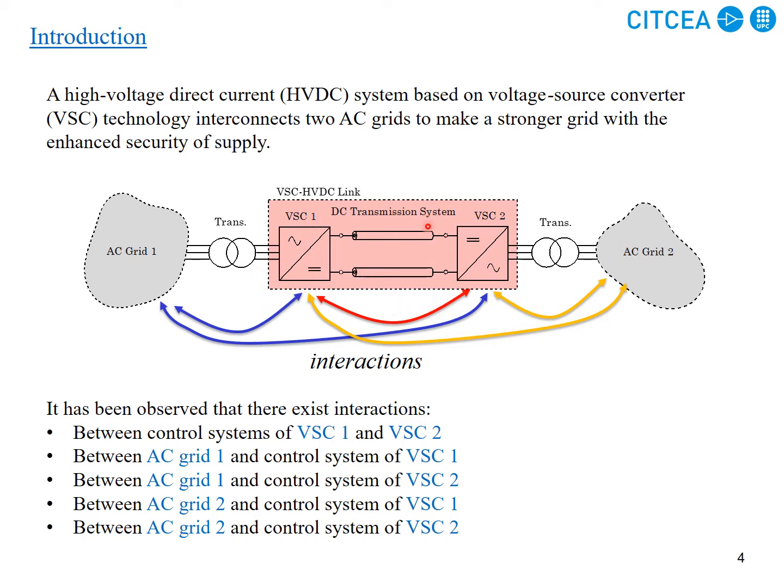Also, there is interaction inside the HVDC link between the control systems of these two voltage source converters. The AC grid on either side can have a significant impact, as the voltage of these AC grids would have some disturbances. These disturbances can degrade the control system of these two voltage source converters.